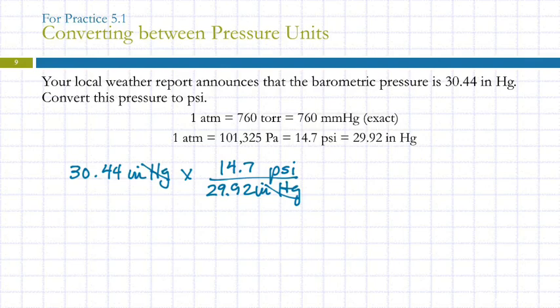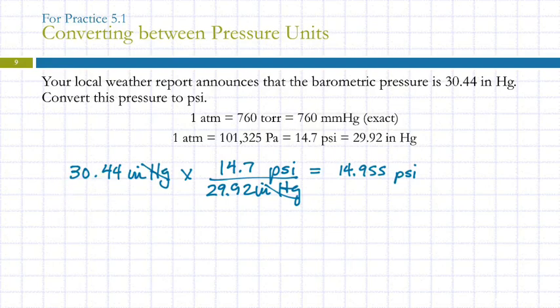30.44 times 14.7 divided by 29.92. My calculator is saying 14.955 psi. Oops, I dotted the s. There we go. What about sig figs?